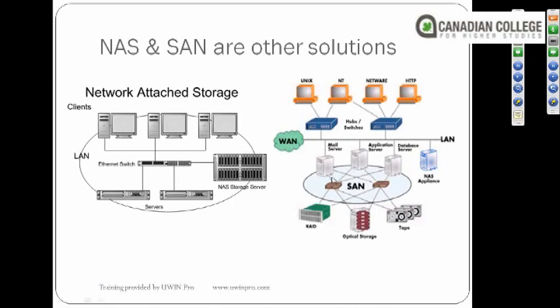Then we have something else called SAN. This is a different network. A storage area network is completely different from the LAN. This is the LAN, where all your Unix machines, NetWare machines, NT or Windows machines are, and we are using regular switches there. But we have another network called SAN, where we use fiber optic switches.